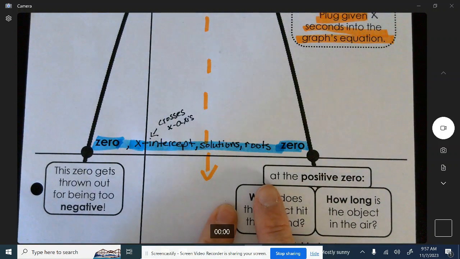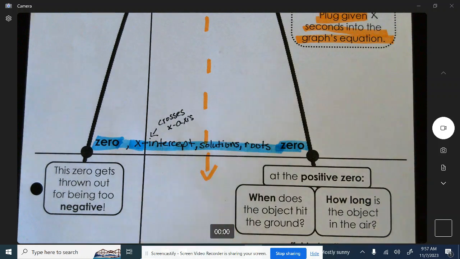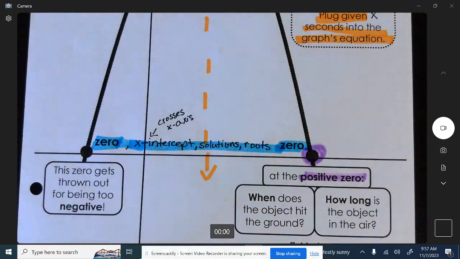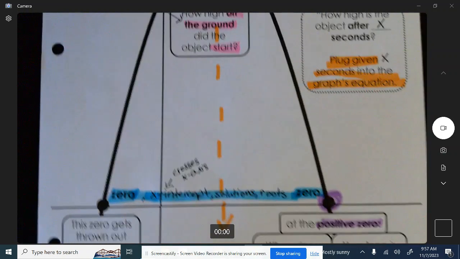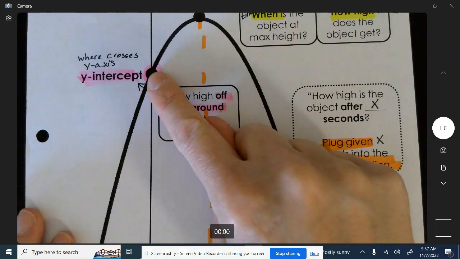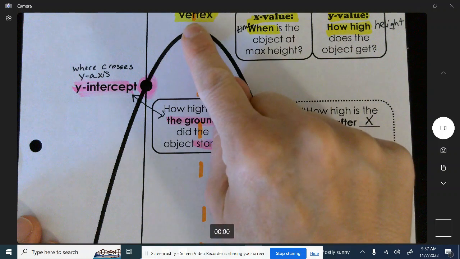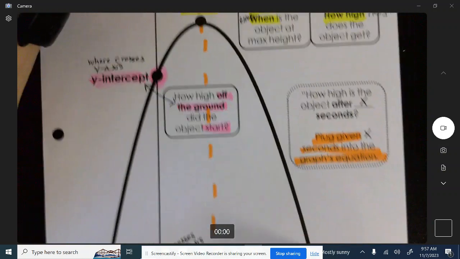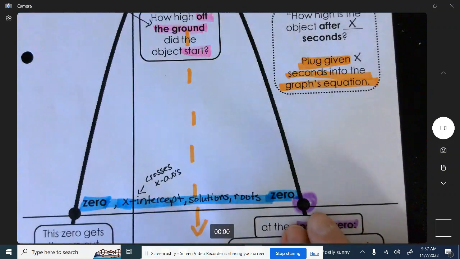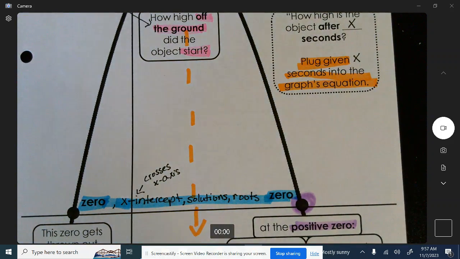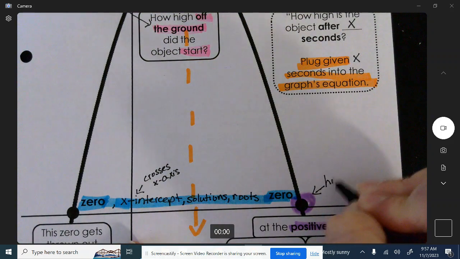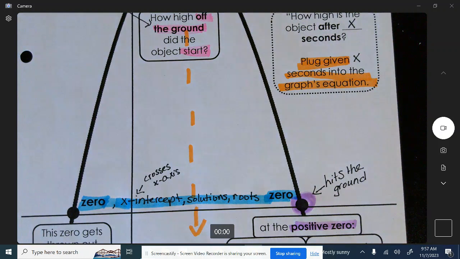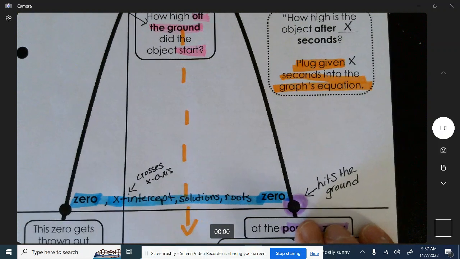Now, this positive zero over here is important. Remember, we're talking about a pumpkin being launched from a catapult. This is my launching point, this is the highest that it gets, and then it comes back down. Eventually, it's going to hit the ground. This point right here is when the pumpkin hits the ground, so you can tell how long the pumpkin is in the air.